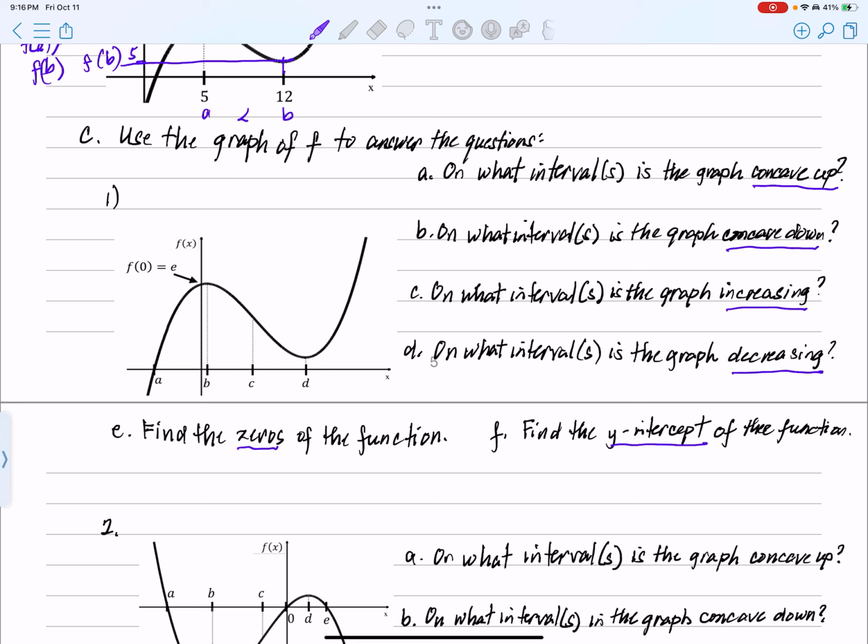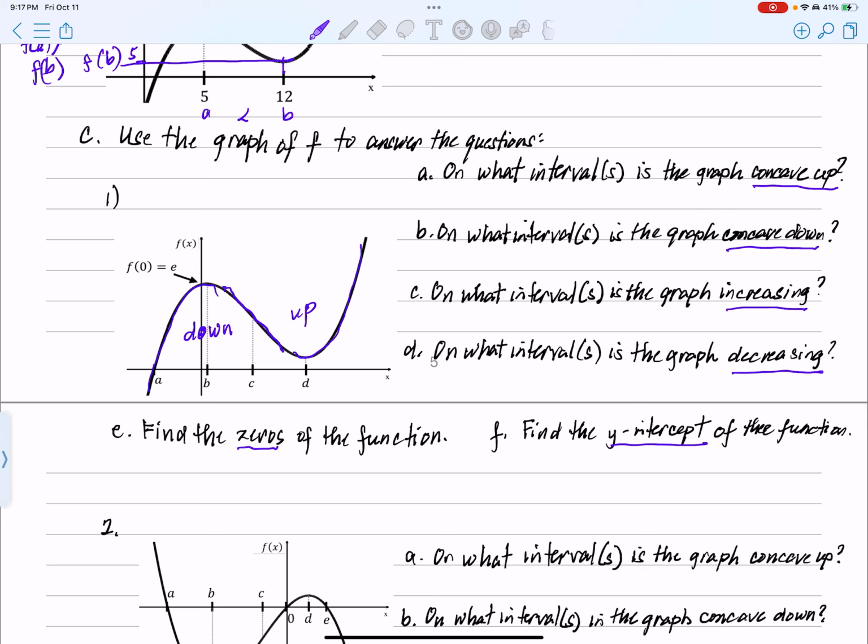All right, let's look at our graph. So we see concavity in the graph. We see that this is concave down, and this right here going up is concave up.